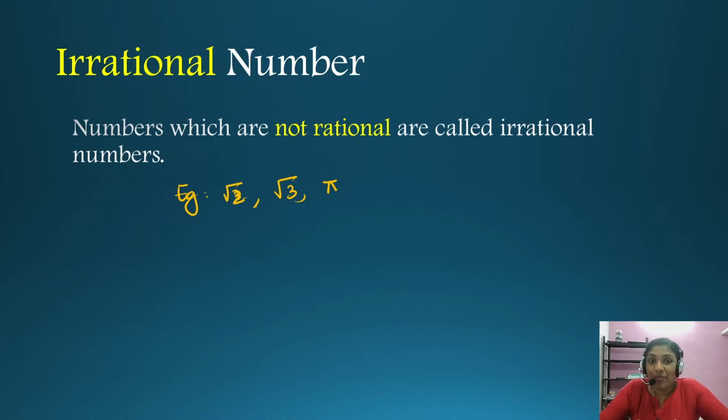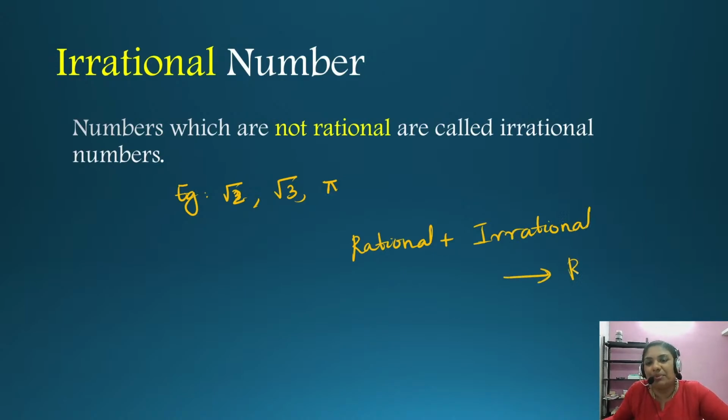Rational numbers and irrational numbers together make real numbers. So the real number system is made up of rational numbers and irrational numbers. Those which are not rational numbers are irrational numbers. The real numbers which are not irrational are rational numbers.